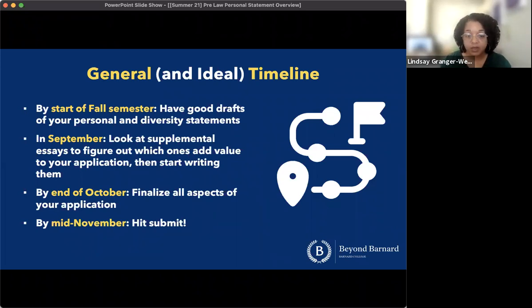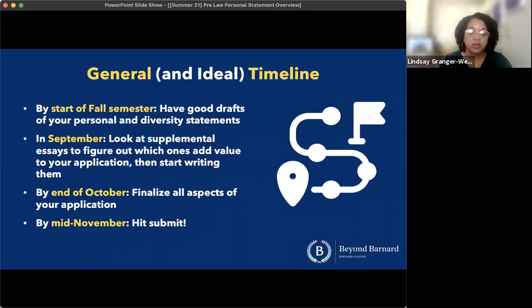By the end of October, just having all aspects of your application finalized. So having the essays, all of them, in ready-to-submit mode. This may be a good time to nudge your professors and your recommenders since they get busy. Sometimes they are the last piece of the application to get submitted to LSAC.